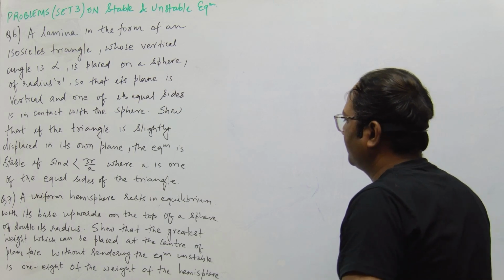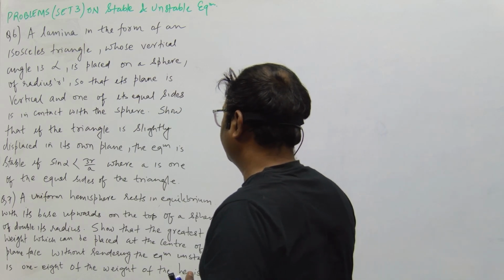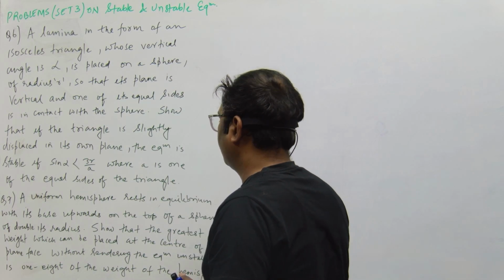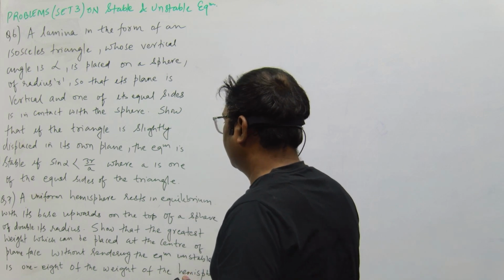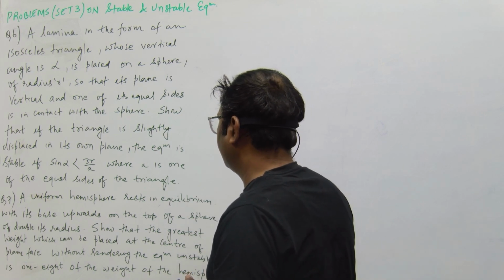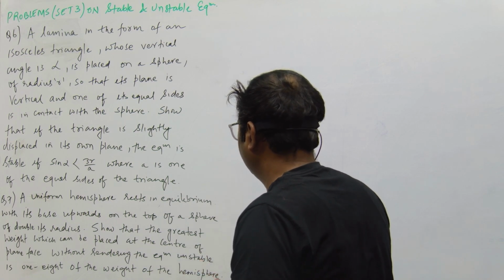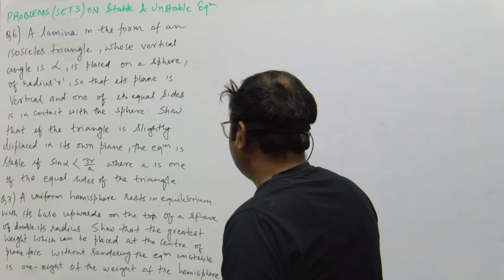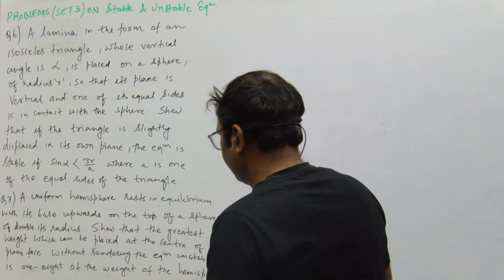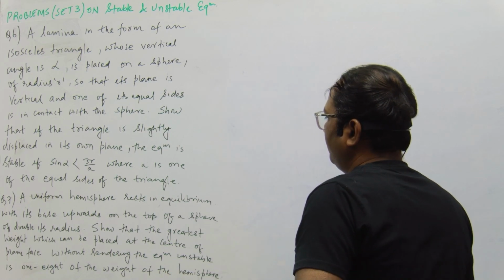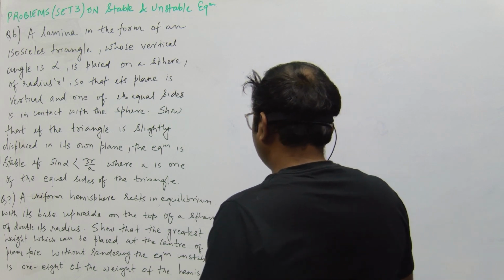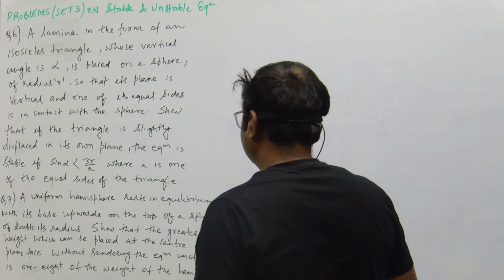A uniform hemisphere rests in equilibrium with its base upwards on the top of a sphere of double its radius, so that the greatest weight that can be placed at the center of the plane face without rendering the equilibrium unstable is 1/8 the weight of the hemisphere. So we have a sphere of double the radius of the hemisphere. Let us draw the diagram first.